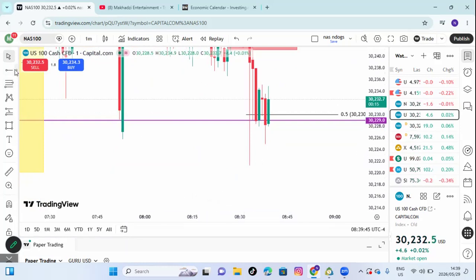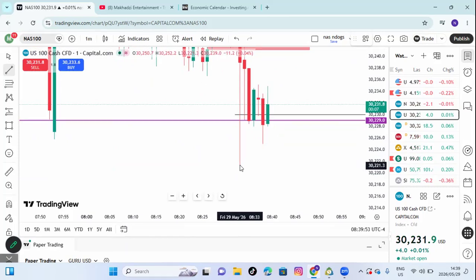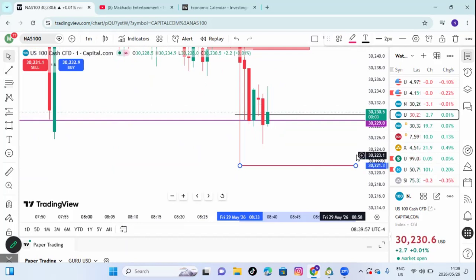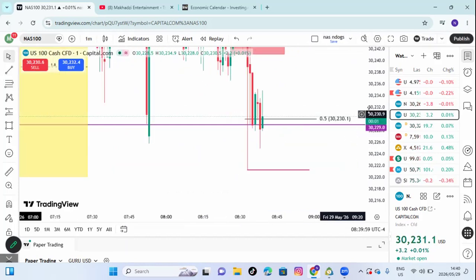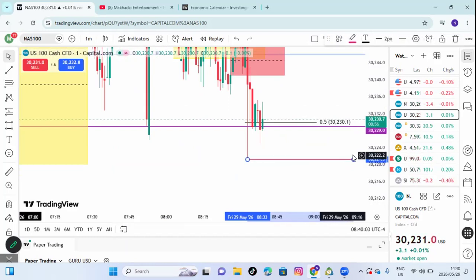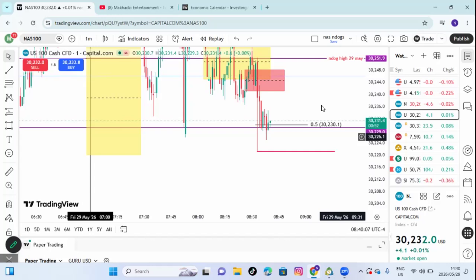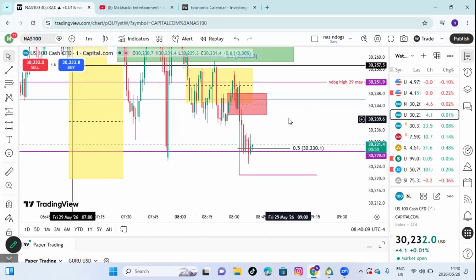How do you know? Well, this closing below here gave us an indication that this might happen. This low here, minus sell side, I'll call it that. Minus sell side might happen. See?